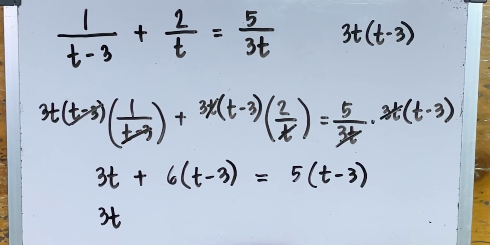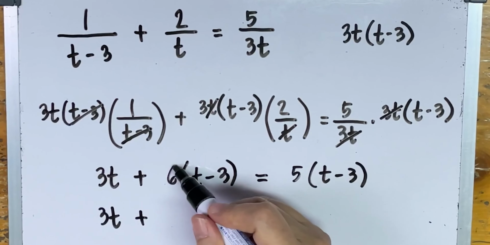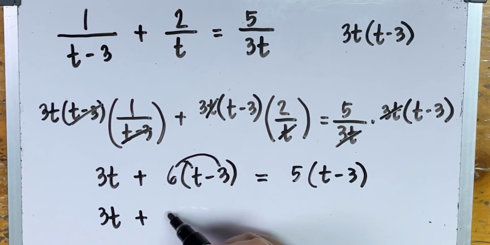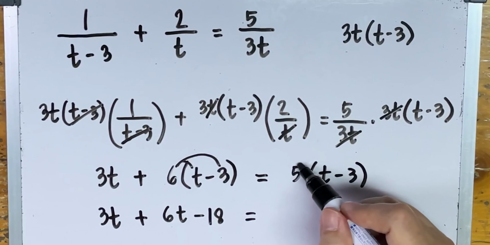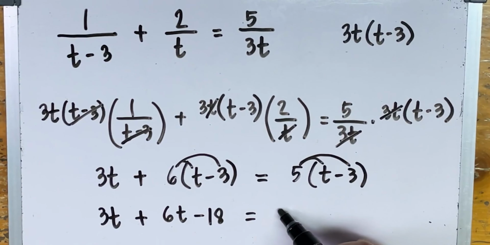Next, we just copy 3t plus, i-distribute natin yung 6 sa bawat isang term. So, that gives us 6t minus 18 equal to, ganon din dito, 5t minus 15.